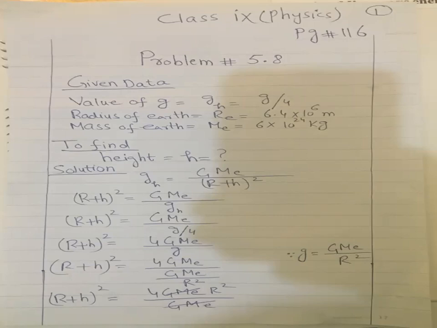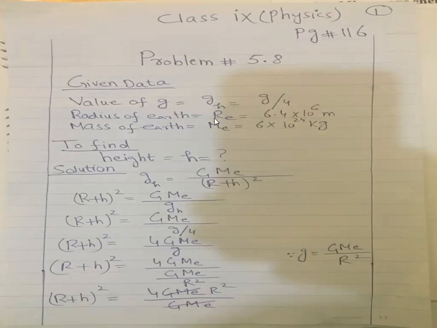You can verify this on page 111, last paragraph of topic 5.3, variation of g with altitude. So value of g is g by 4.